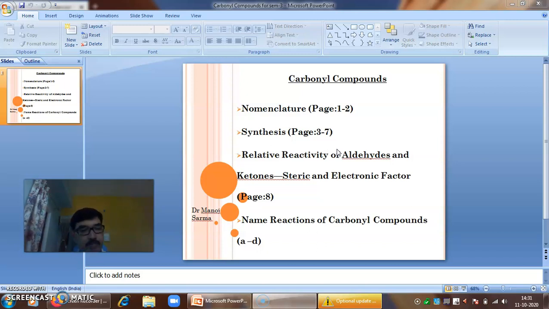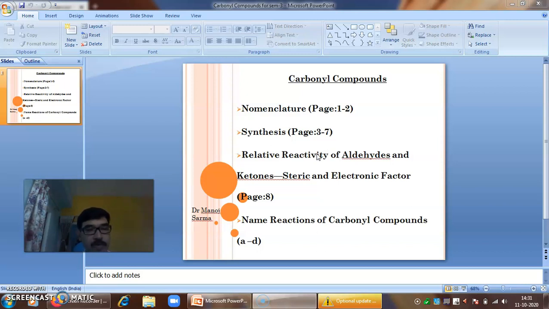Okay. So in the next page, page number 6, synthesis of ketones by ozonolysis, same procedure as you have got in the last page. Then aromatic aldehydes or ketones can be produced by Friedel-Crafts reaction. This is benzene and acetyl chloride in presence of Lewis acid.